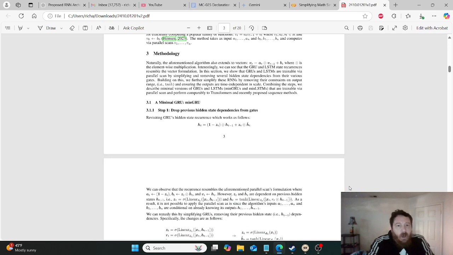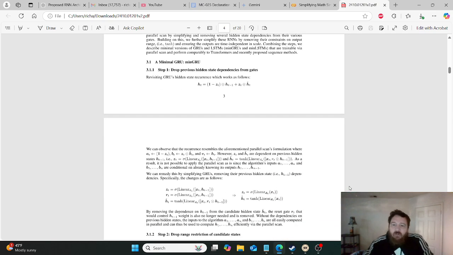Rather than getting deep into the math, what they do is very simplistic. Let's look at the equation they have here: h_t equals (1 minus z_t) times h_{t-1} plus z_t times h̃_t.